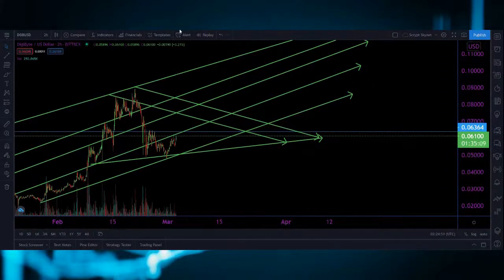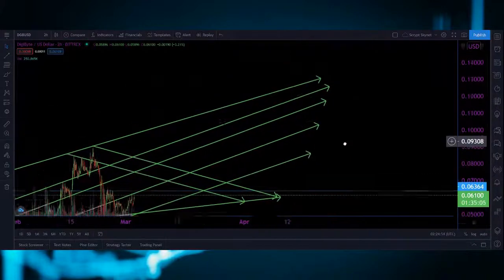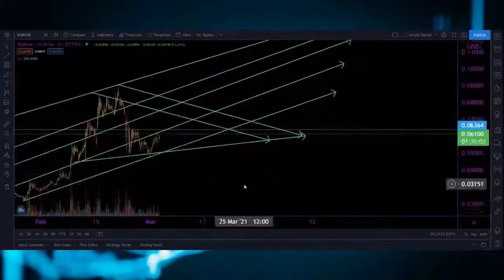I don't know why these have arrows. They got arrows on the end here to tell me which way it's going, right?